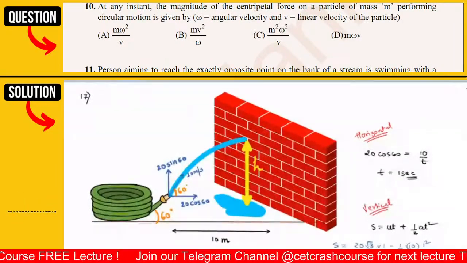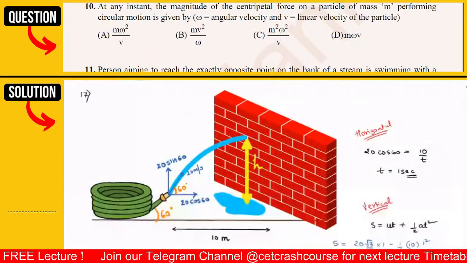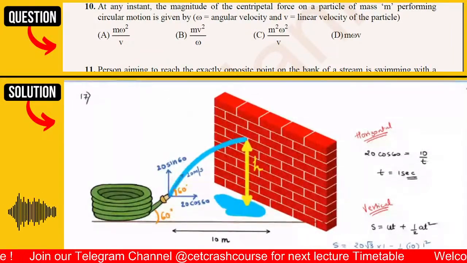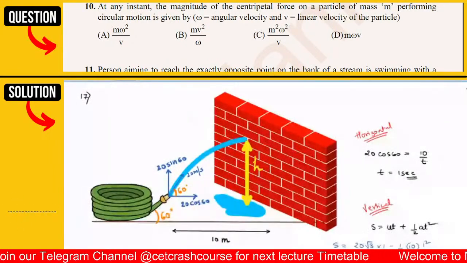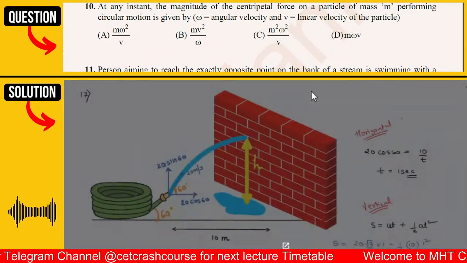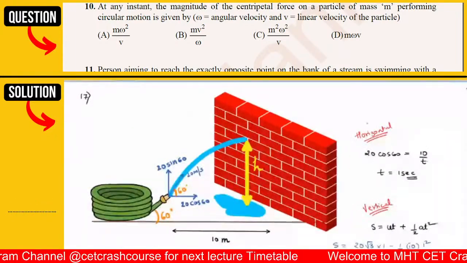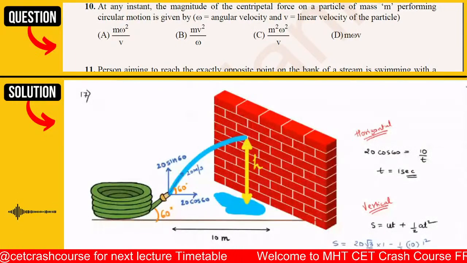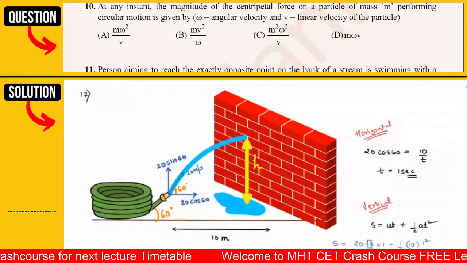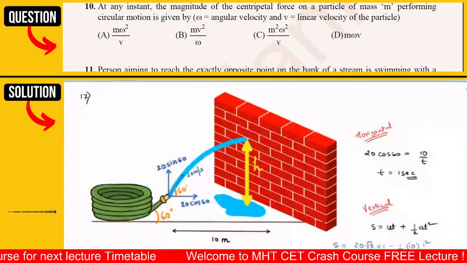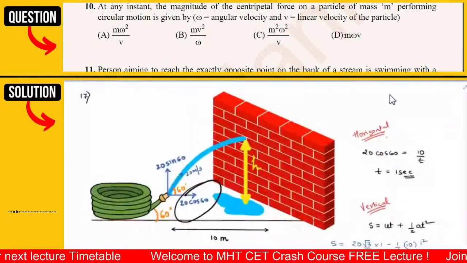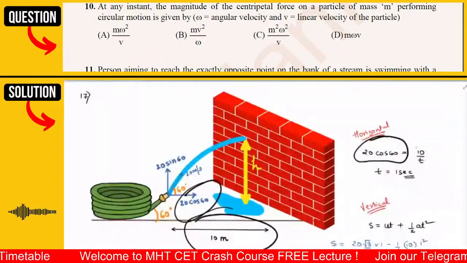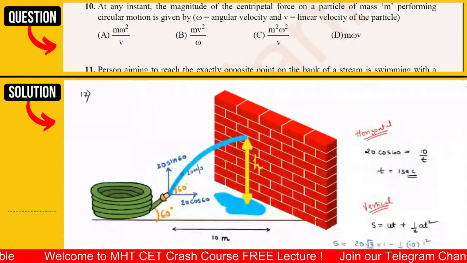Okay. Well, in order to solve this question, once again, we can make use of horizontal and vertical vectors. So first, I'm going to talk about horizontal vectors. In a horizontal direction, we can use the formula speed is equal to distance upon time. Speed is 20 cos 60, distance is 10 meters, and time is unknown.